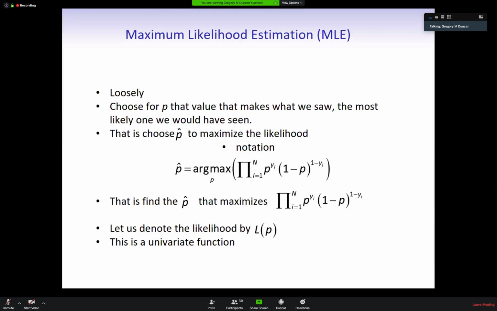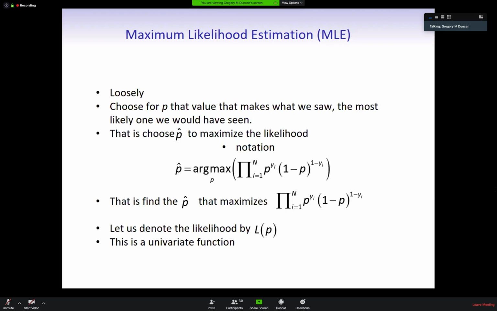We'll have something like best called efficiency. And it turns out in large samples, the P hat is always going to be approximately normally distributed. So that's going to be useful to us.